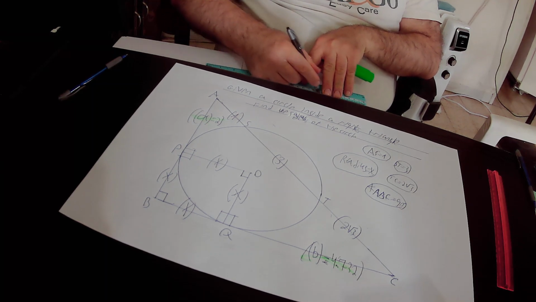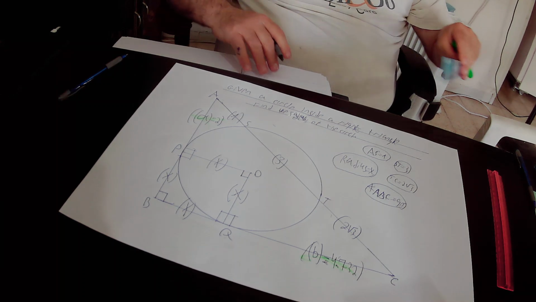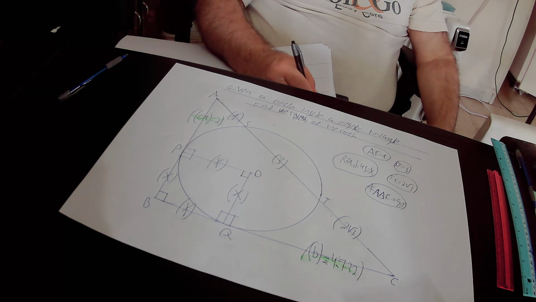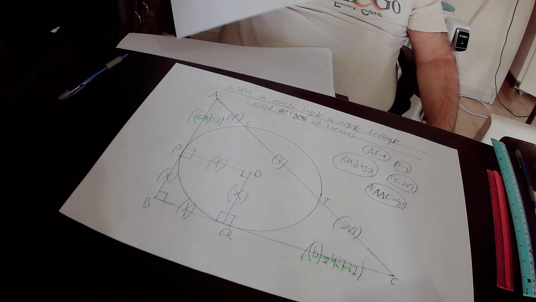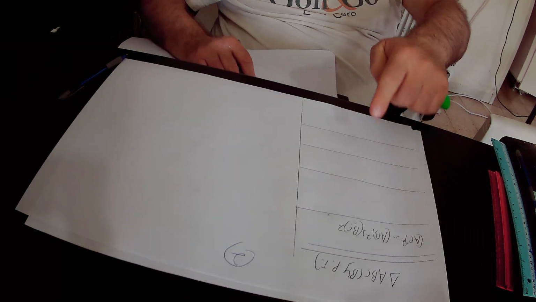The hypotenuse in the right big triangle ABC is AC, therefore the square of the hypotenuse is AC square. So AC square must be equal to AB square plus BC square.